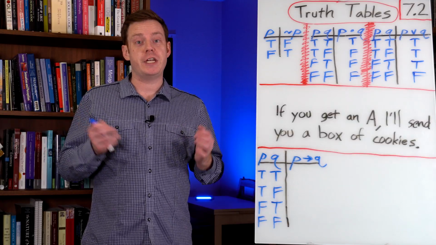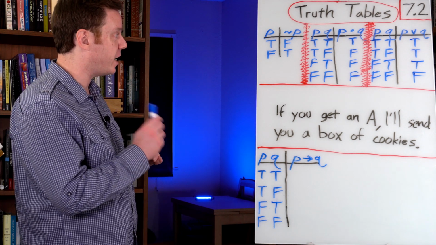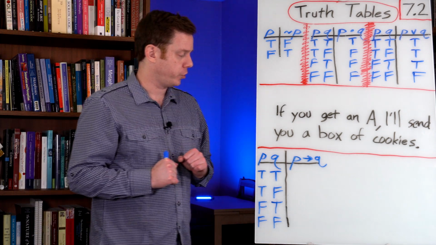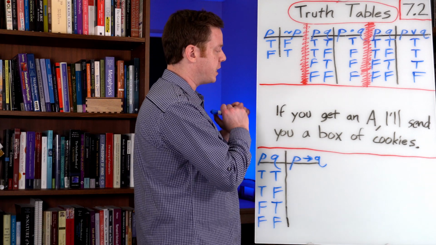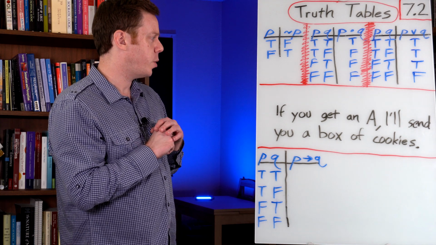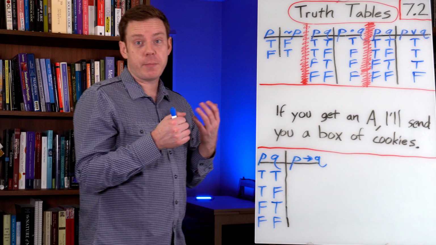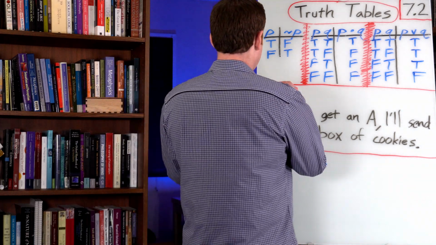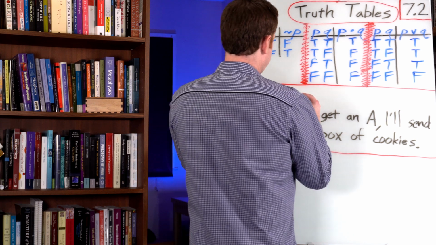Now let's do conditionals. Conditional statements have one of the trickier truth tables. You'll see what I mean. Take this statement: if you get an A, I'll send you a box of cookies. Not me, but imagine your mom says this.